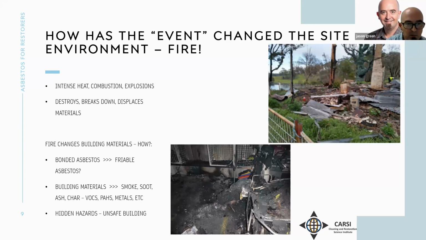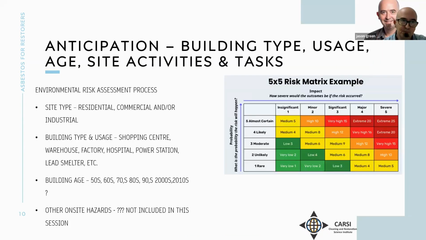So we're seeing that displacement of materials. We're seeing, again, bonded materials may be becoming friable. We've got smoke, soot, ash, and char, masking potentially some issues. And there are obviously other hidden hazards which we're not going to go into at all, because we have zero time for this webinar.